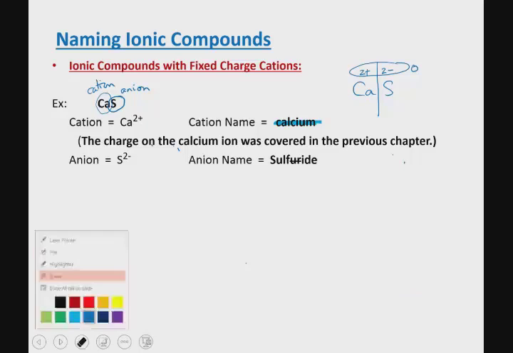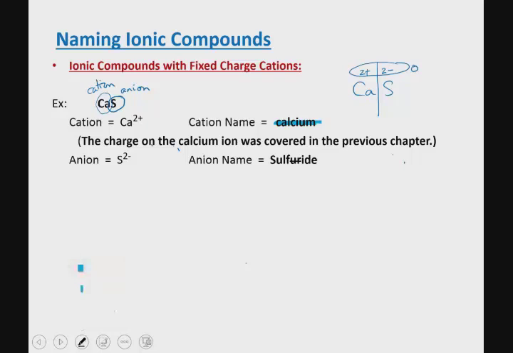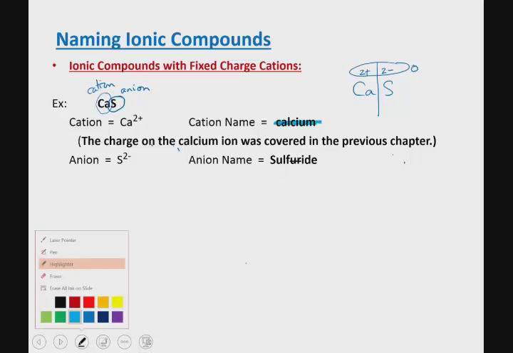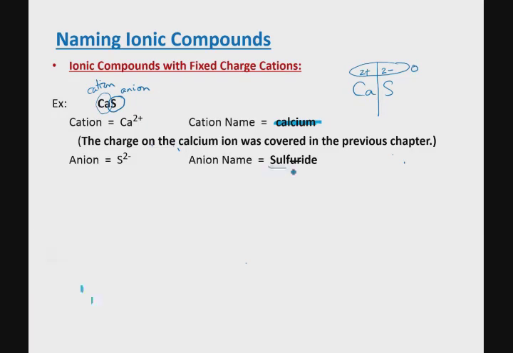So if the anion is sulfur S2 minus, then how do we name this? As we said, we take the name of the anion element, which is sulfur, and then we take the suffix out of there. So sulfur is the original name of the element.